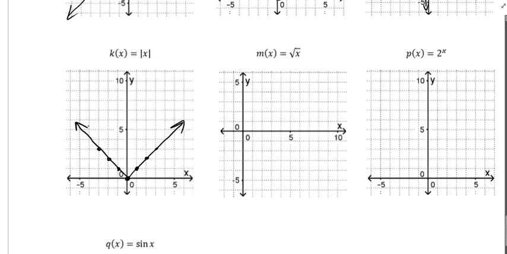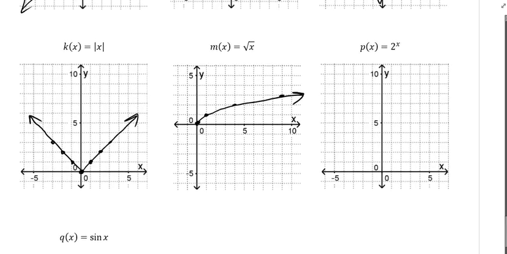Square root function, we talked about this one before. Square root of 0 is 0. I go over 1, square root of 1 is 1. Over 2, no good. 3, no good. 4, no good. Square root of 4 is 2. Over 9, square root of 9 is 3. And there's my parent function. And then 2 to the x.